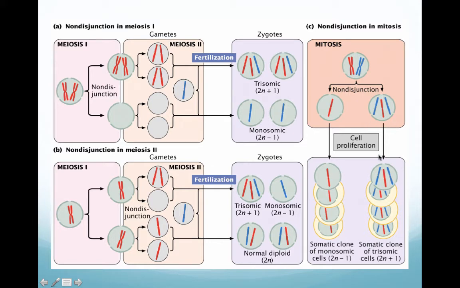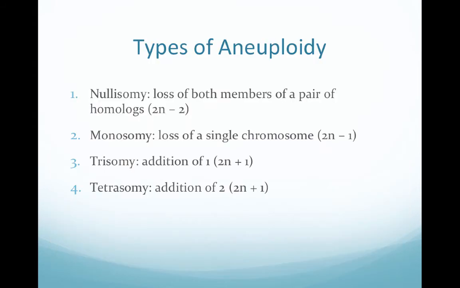As we go through the copying process in mitosis, we get lots of cells with 3 copies of genetic information, or a trisomic somatic clone. And then we get a monosomic clone of cells that only have 1 copy of genetic information in it. So non-disjunction really leads us into the 2 major diseases that we're going to talk about in just a little bit. But again, stepping back out to a more broad sense, let's look at aneuploidy in general.